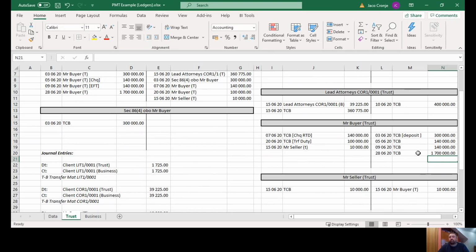So how am I going to reflect that? Basically in exactly the same way as we did the occupational rent. Remember he still has that 300,000 and the 1.7 million. So now we're going to say, Mr. Buyer, you don't have that money in my trust anymore. It's not yours.